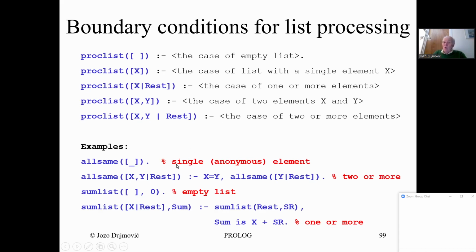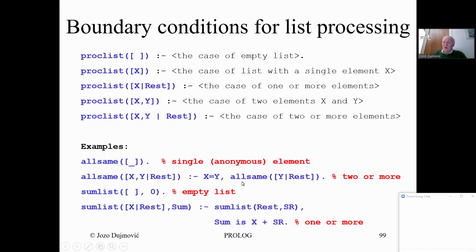If you have more than one, then in the case of first element X, second element Y, and the rest of them, all of them are the same if X is equal to Y, because the first two must be the same. And this is pattern matching equality.